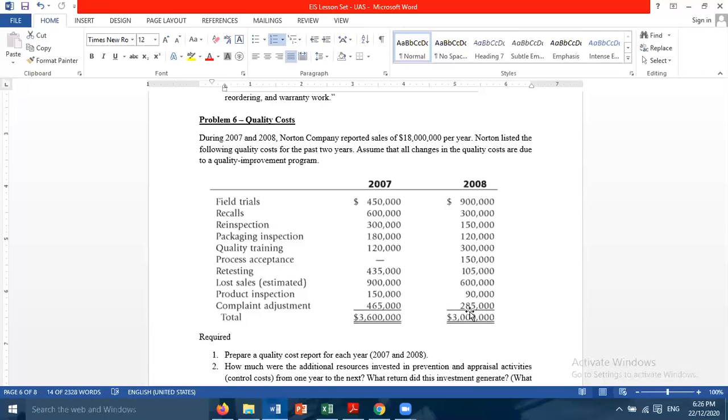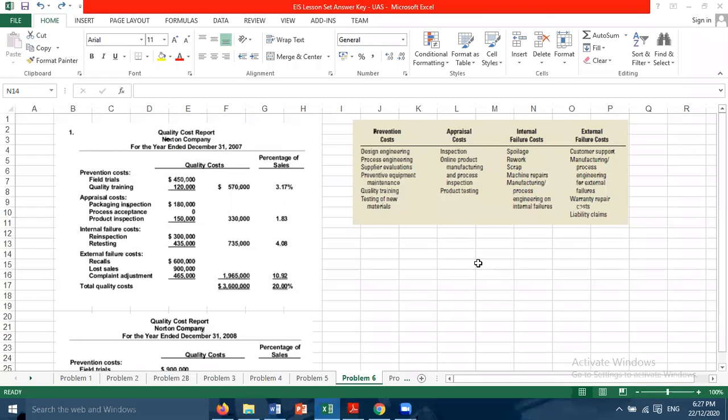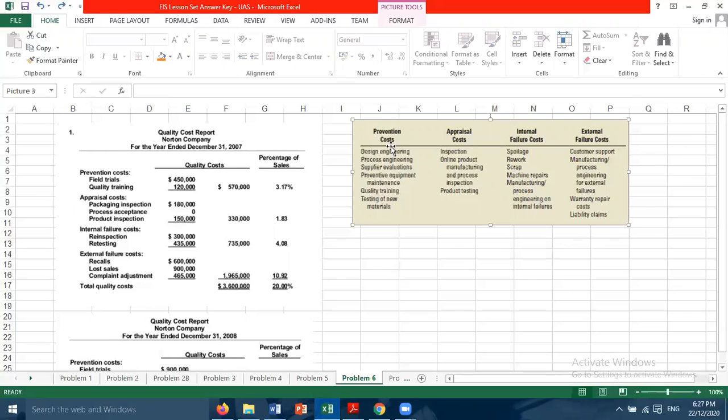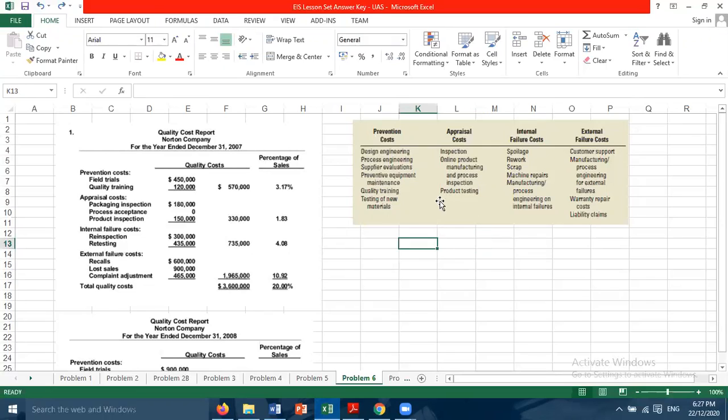And then the last one is external failure, which is the cost incurred on defects after they have been shipped out, or practically the cost incurred on defective products once they ship to the customers. Now, since this is mostly theory, what you guys need to remember is practically what is considered prevention, what is considered appraisal, what is considered internal failure, and what is considered external failure.